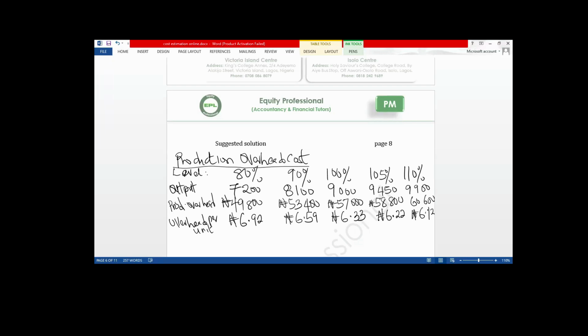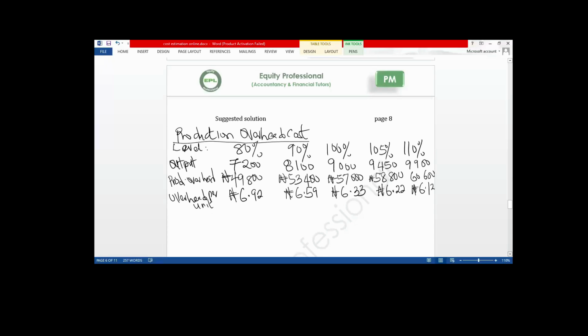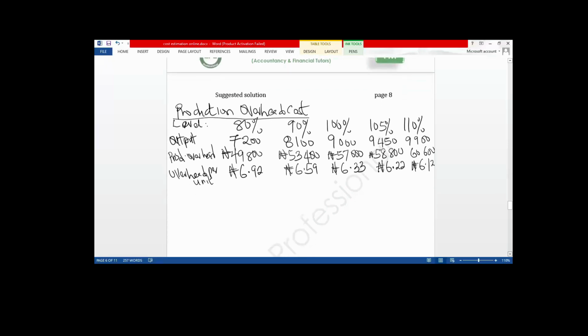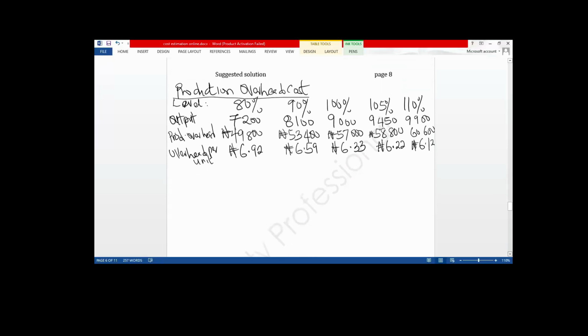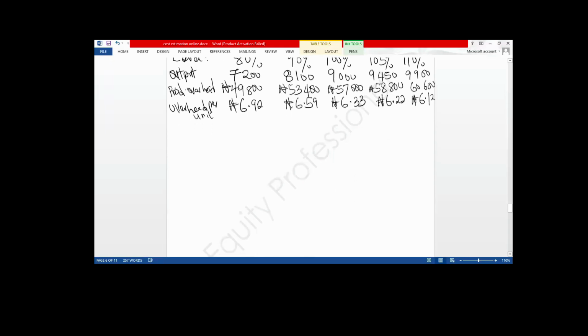In this case, we are going to separate the cost using the high and low method into variable overhead cost and fixed overhead cost. Is that clear, please? Thank you. We now go to the separation. In this case, our lowest level is 80%.